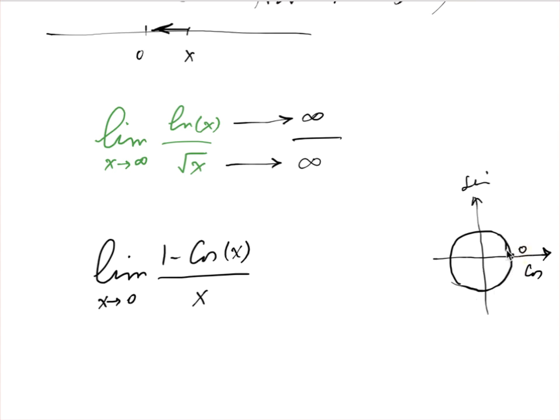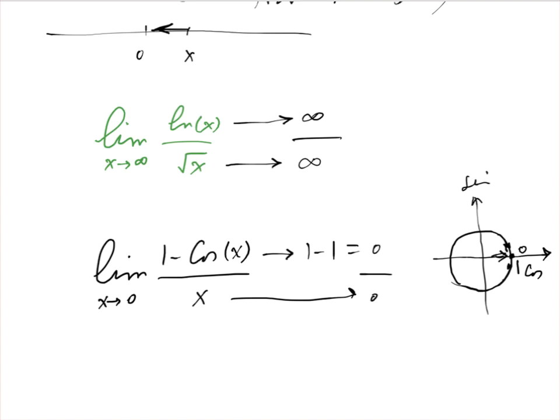It goes either from above or from below. Then the cosine of it tends to 1. So this tends to 1 minus 1, which is 0. X tends to 0, so this is 0 over 0 type.